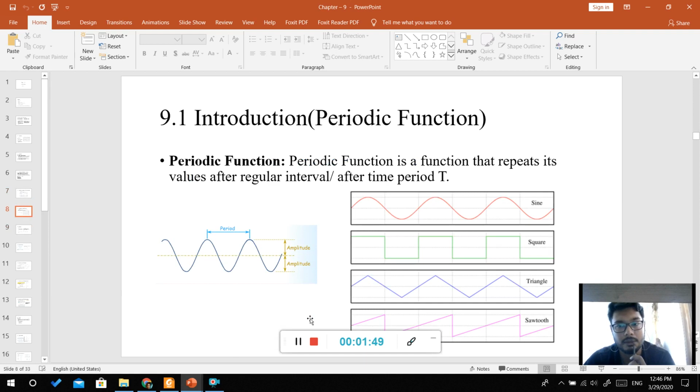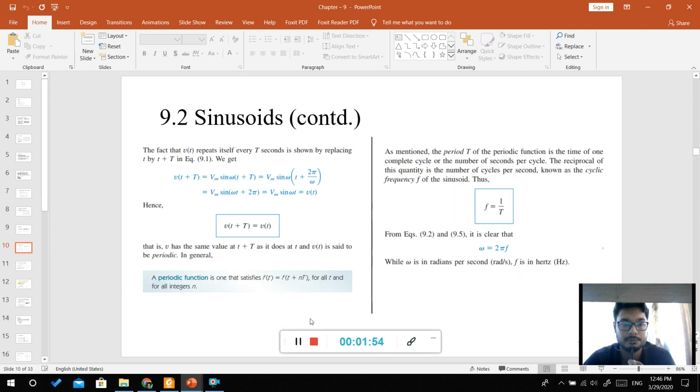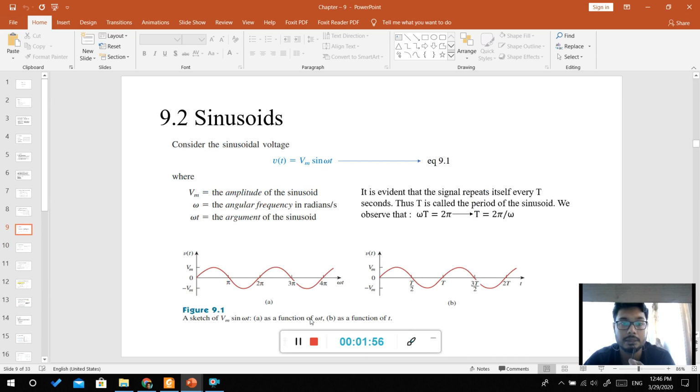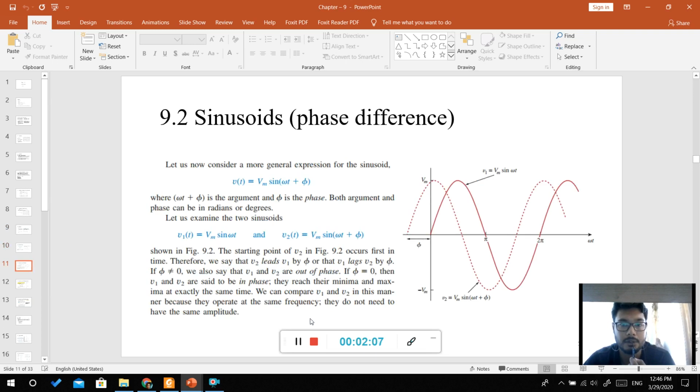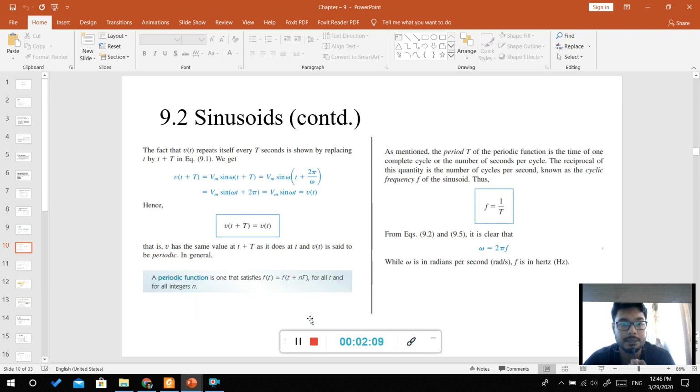We've seen periodic functions, and examples of periodic functions. Here you can see a voltage having the waveform of a sinusoid. We've covered all these things in midterm.